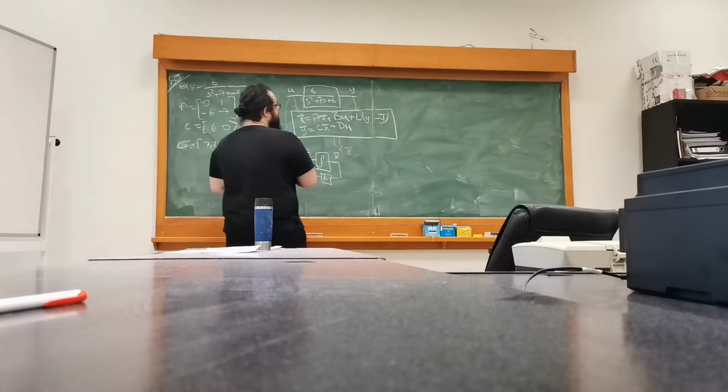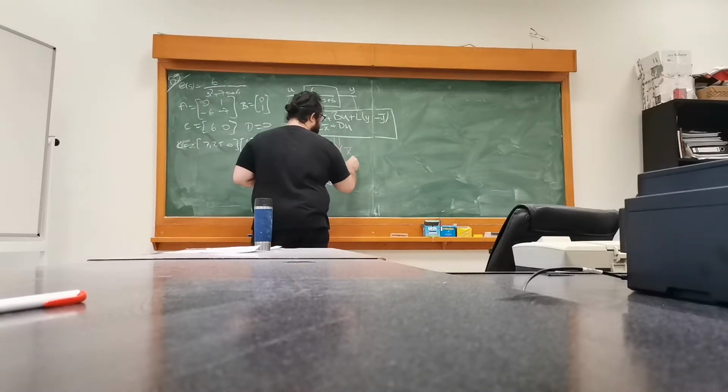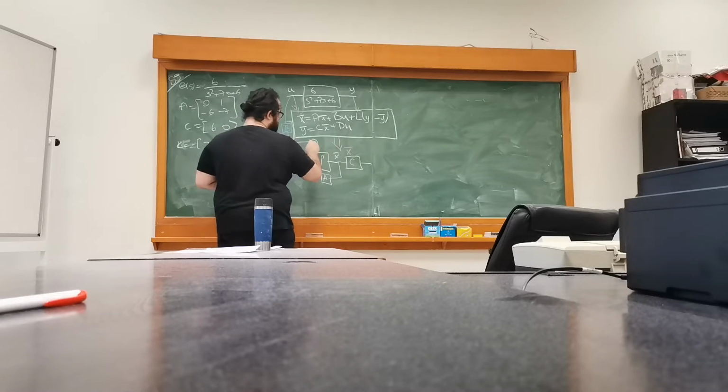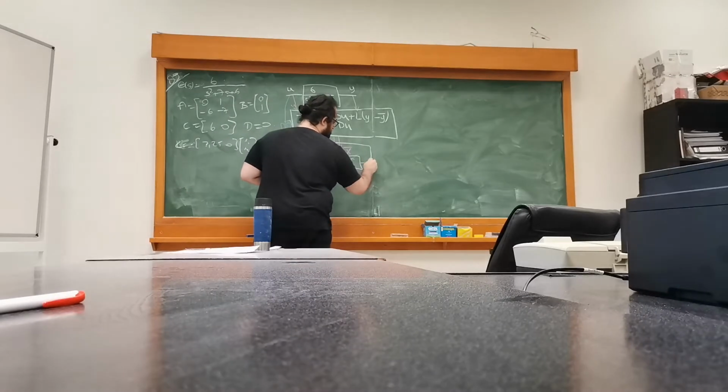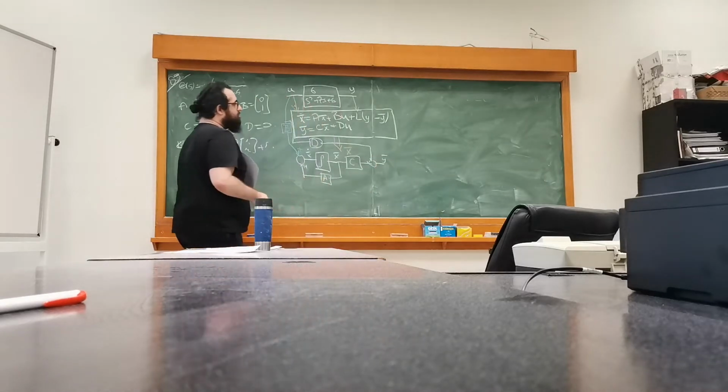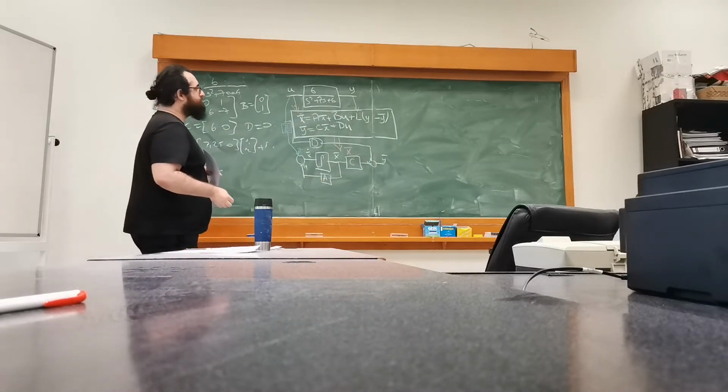And we need the output relation here. So C, and since this is u, what I can do is use this times e. Add it here. This would then be my y bar.